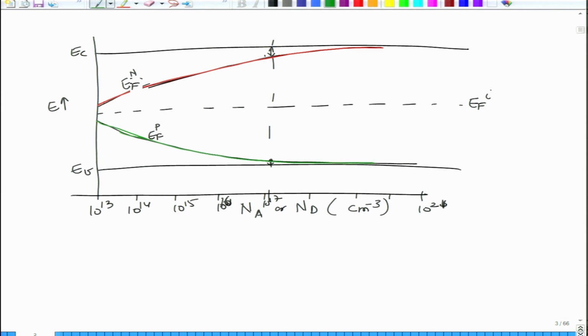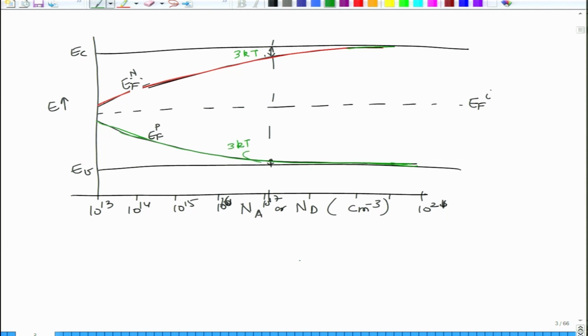As it approaches high doping levels, it tends to touch the conduction band, which means it becomes like a metal. Since EFN gets closer to EC and EFP gets closer to EV as you keep doping the material, there comes a limit when this gap is smaller than 3 kT. So, this is the limit you have of 3 kT.